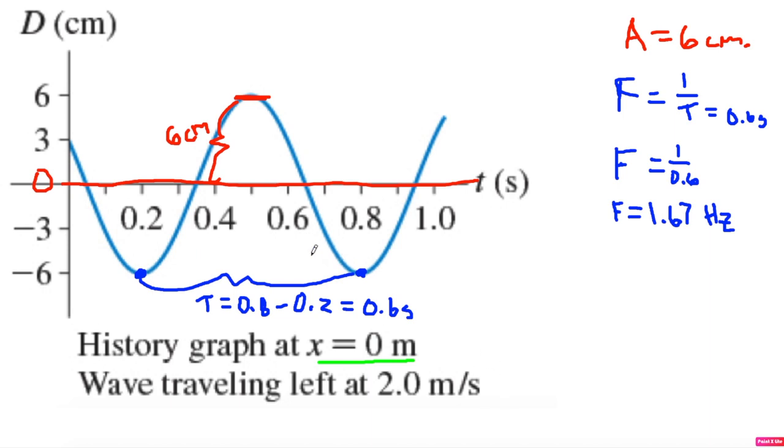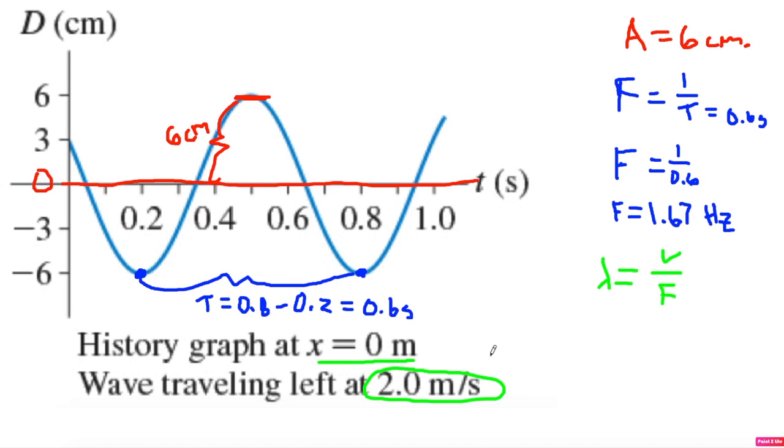Now, we aren't given the snapshot graph, but what we are given is the information that the wave is traveling left at 2 meters per second. We also recently learned that wavelength, lambda, equals velocity over frequency.